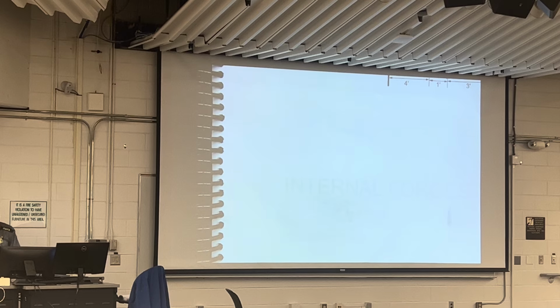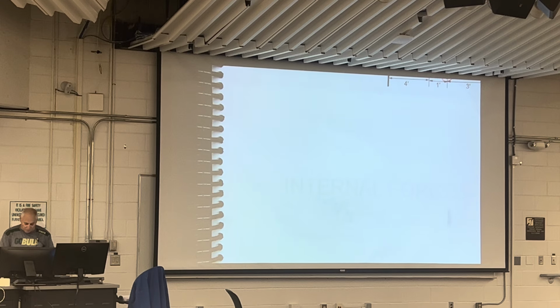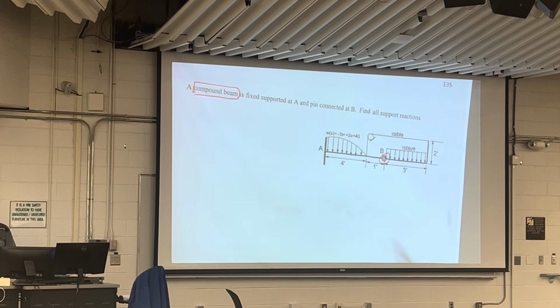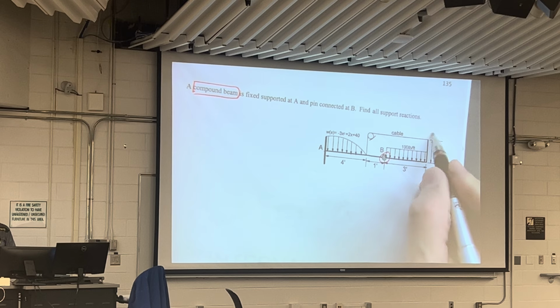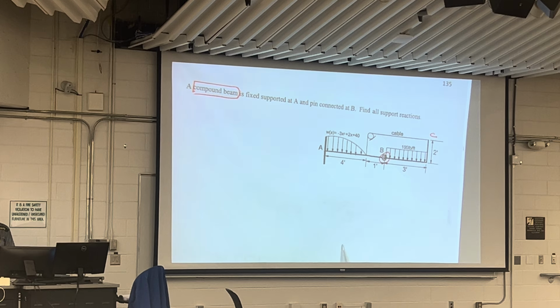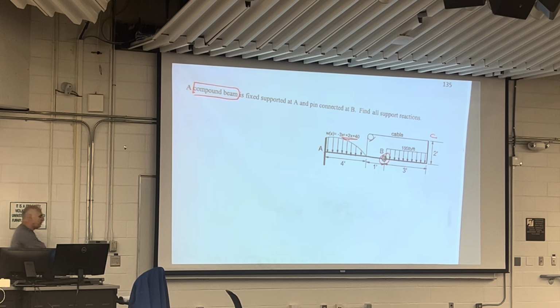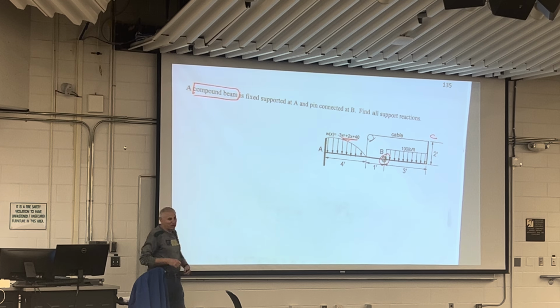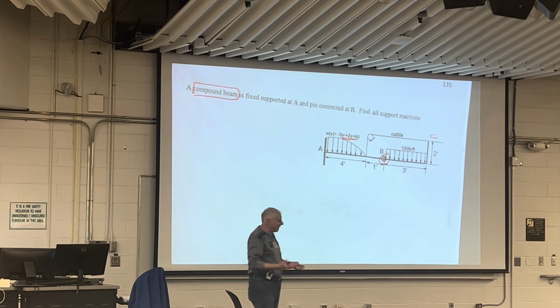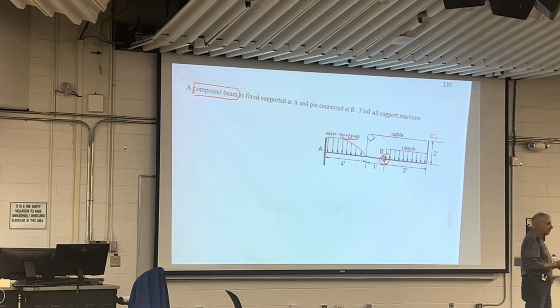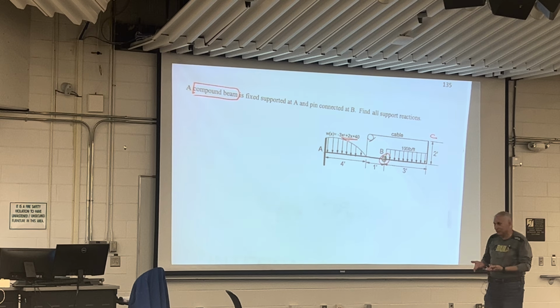This one right here, the first thing I notice is a compound beam, which means I have a pin reaction at B, which means I can separate this into 2 pieces, AB and BC. But first, I notice a distributed load, which is perfect timing because today's test quiz is on distributed load. So it's a nice little review for you.